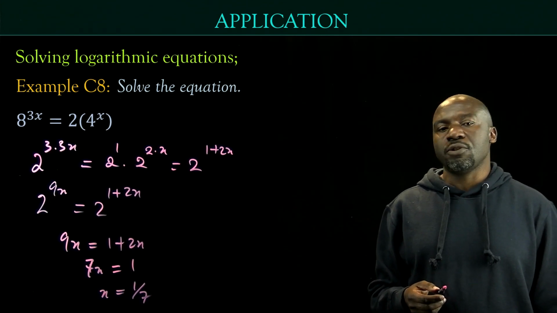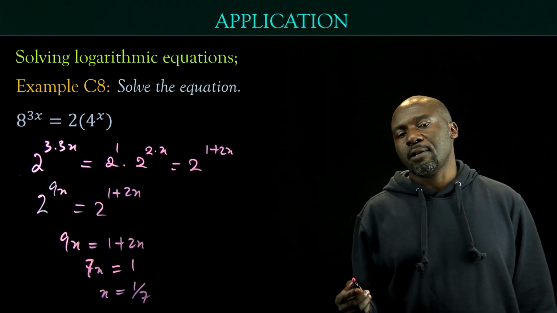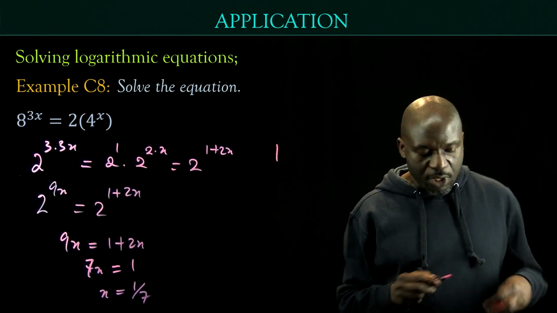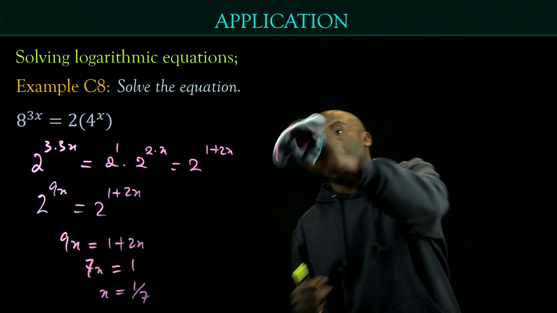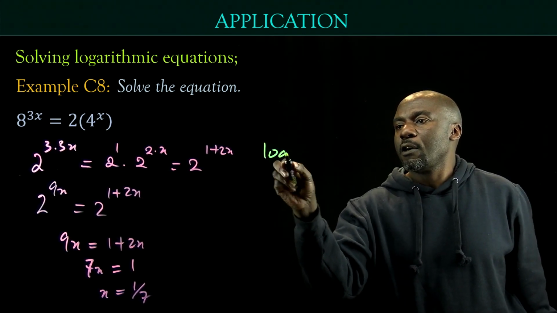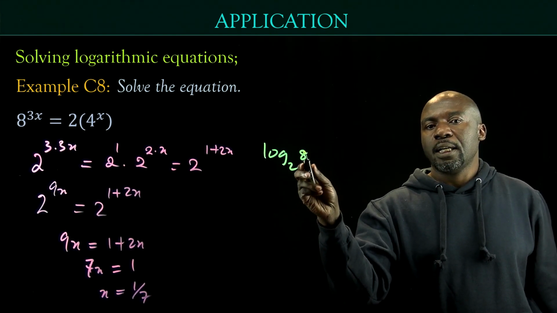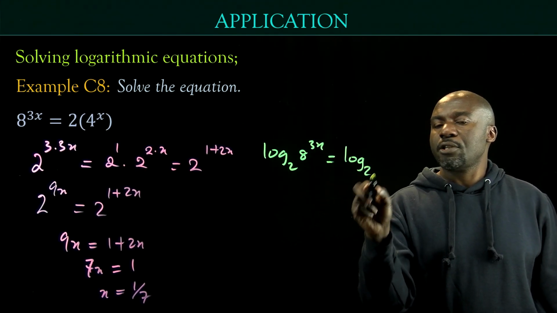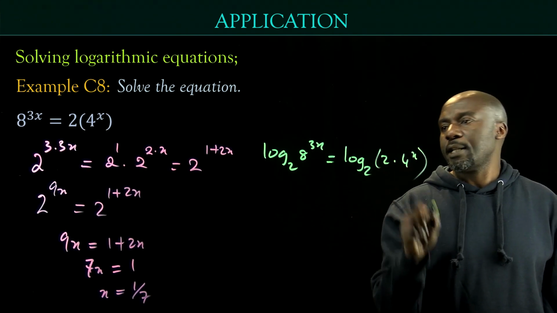The normal way to do it is using exponents, but if I had to use logarithms, I'd take the log of both sides. Log to base 2 is probably the best, and let me use a different color now. So I would write log base 2 of 8 to the power of 3x must be equal to log base 2 of 2 times 4 to the power of x.